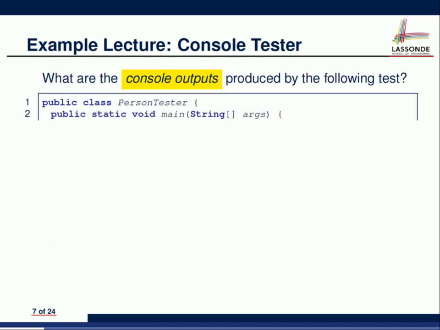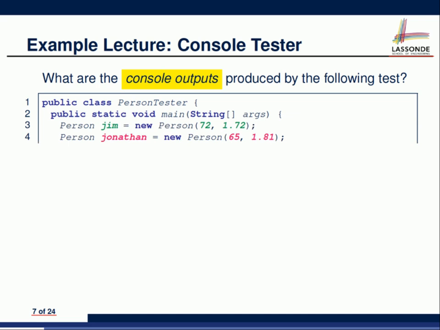Let's consider another tester to test the behavior of the person class we just saw. And we have a main method here, so we can print out something to the console, which I will also demonstrate to you in some IDE. Let's say we create two person objects, Jim and Jonathan. For example, Jim is 72 kilograms heavy and 1.72 high, and similarly for Jonathan, just different numbers.